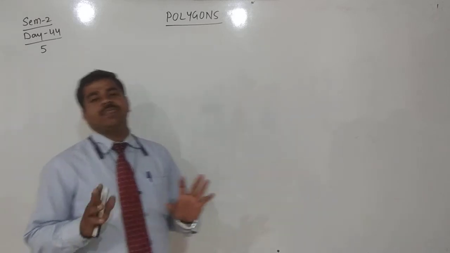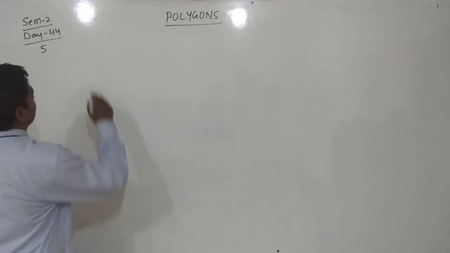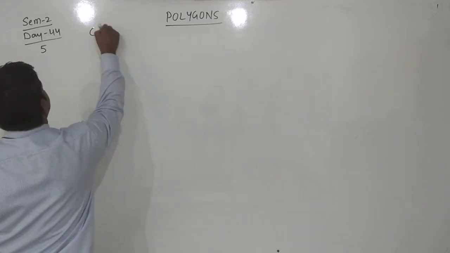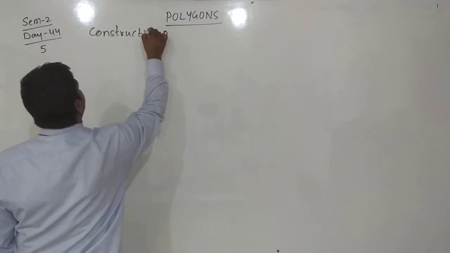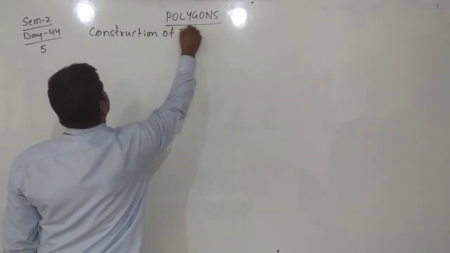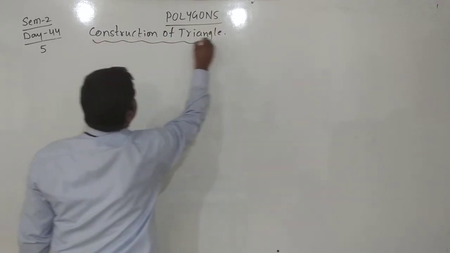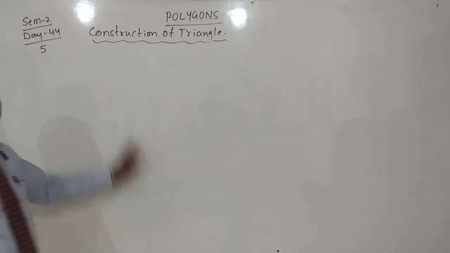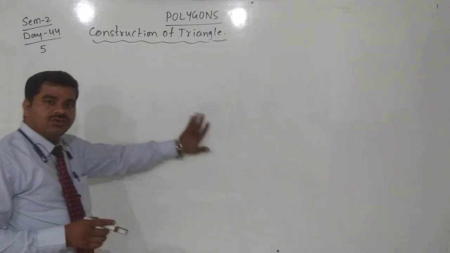Now today we will see the construction of triangles, how to construct a triangle. Very simple. If all three sides are given, then it is very easy. If two sides and one angle are given, then also we can construct.